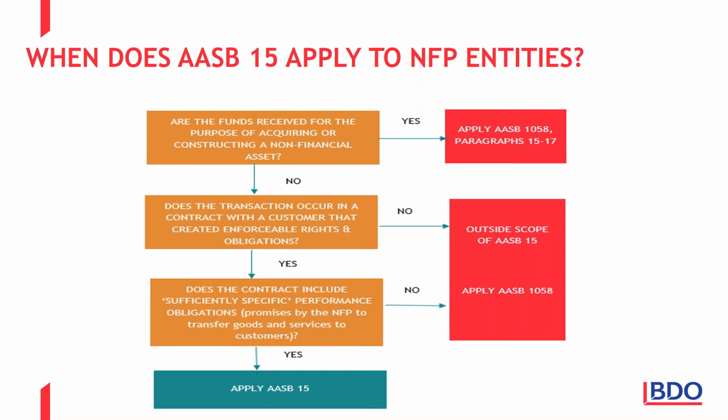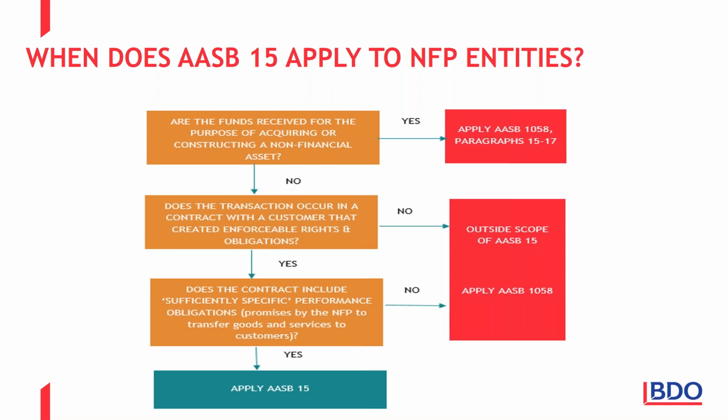So it's really important that when not-for-profit entities look at these new standards, they keep in mind that currently they're doing certain things under AASB 1004. It was a vague standard, it was a grey standard, it was a problematic standard, and potentially our clients are doing very different things.